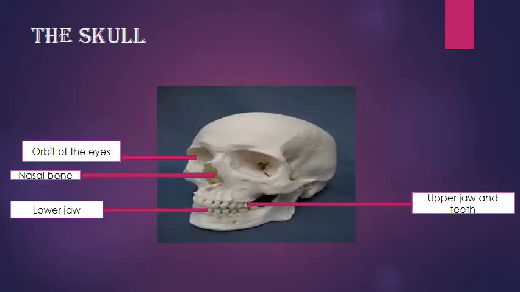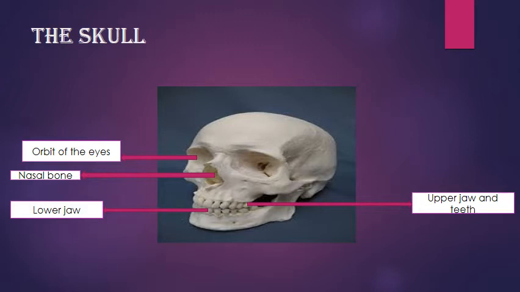Now next we have the skull. It is also called a brain box because it protects our brain. That's why it is known as the brain box.